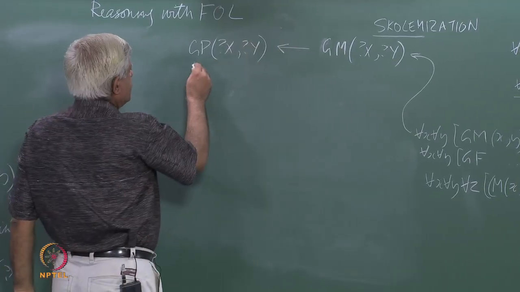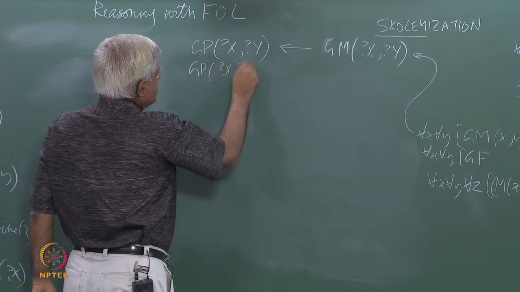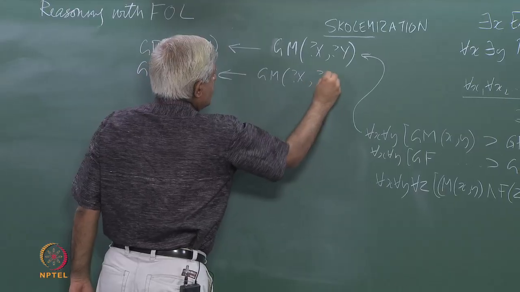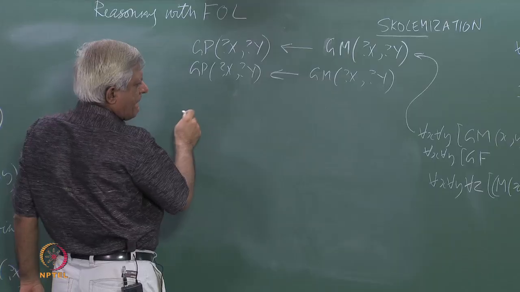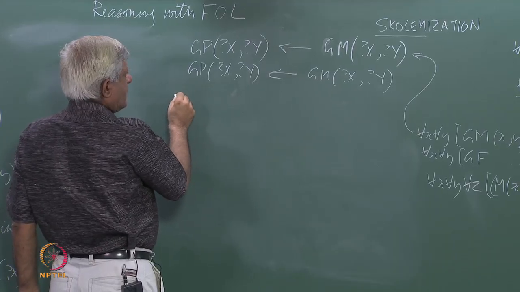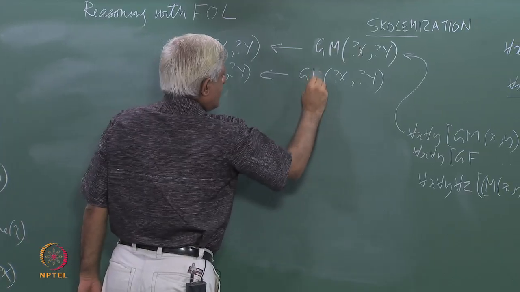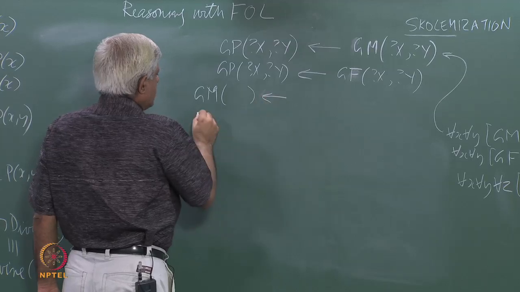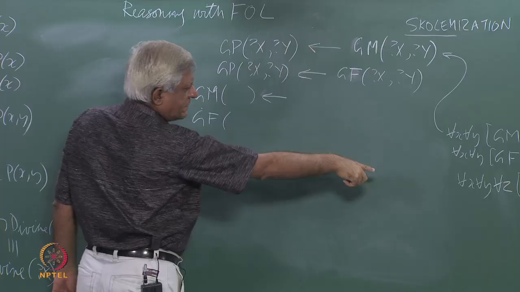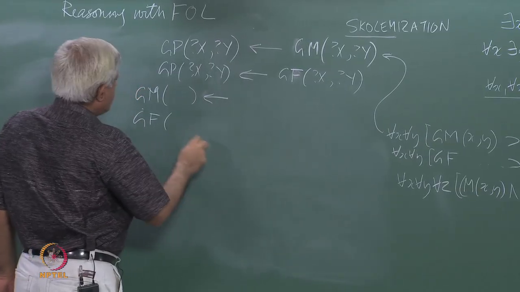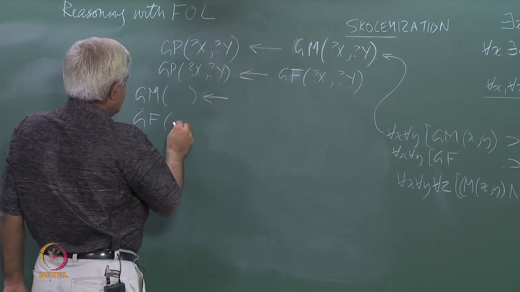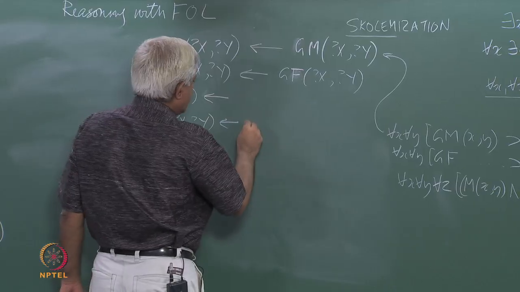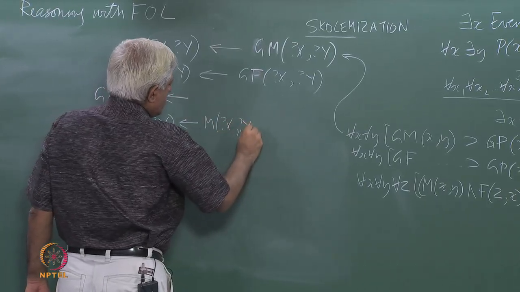Then I would write the second statement as GP x y, GM x y, then GF x y, then somewhere I would write a statement for GM, then GF, which is what I have written here, which is that GM x y if mother x y.